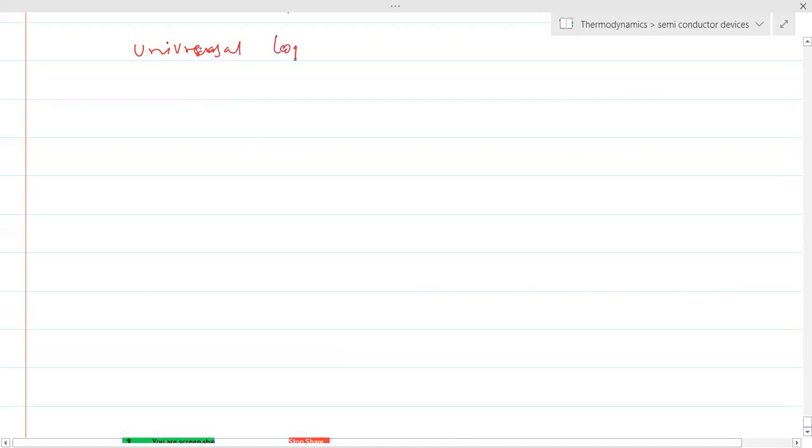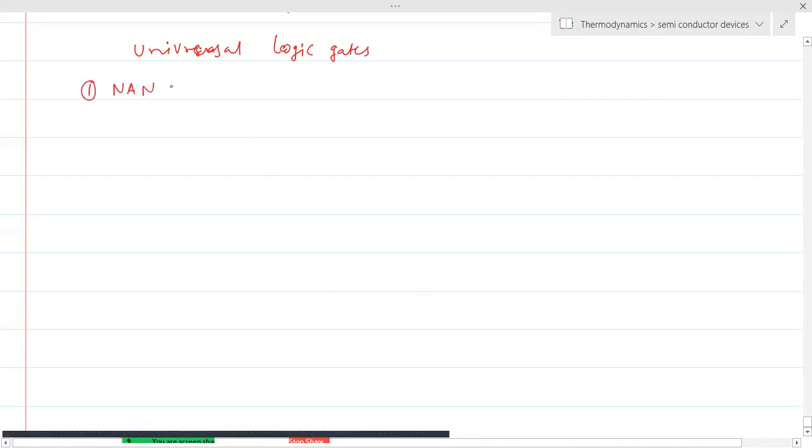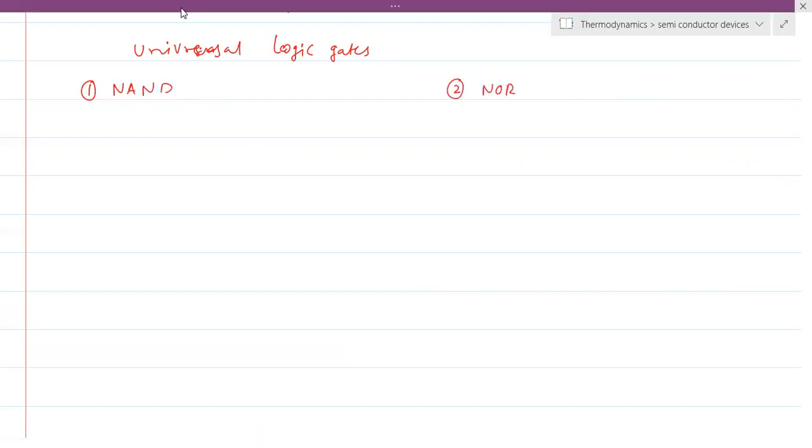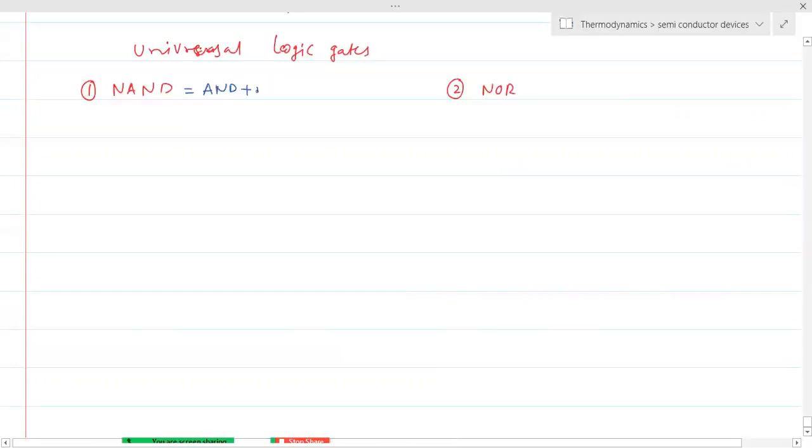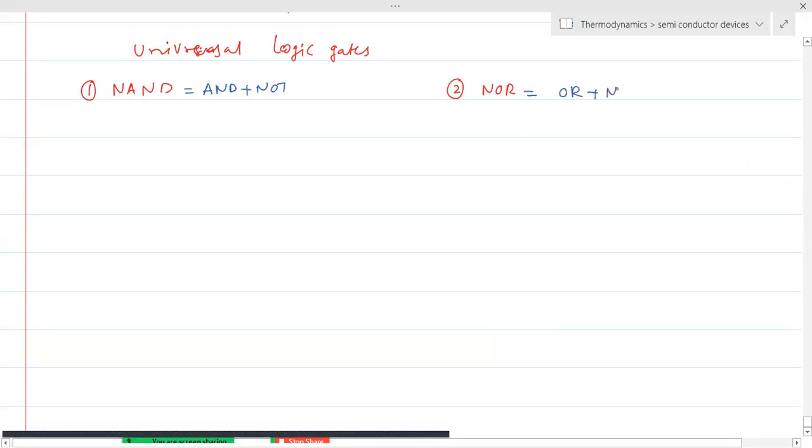Next, we are going to see universal logic gates. The first one is the NAND gate, and the second one is the NOR gate. NAND simply means AND plus NOT, and NOR means OR plus NOT.